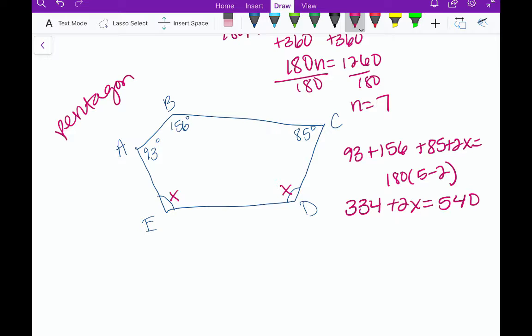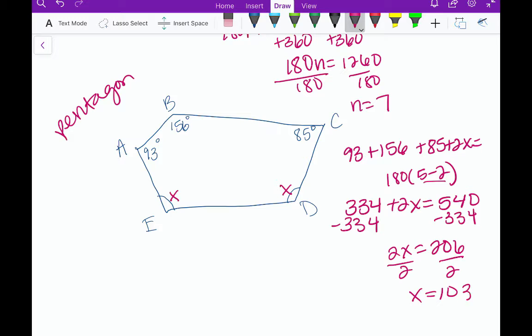The 540 is because 5 minus 2 is 3, and 3 times 180 is 540. So now I'm going to subtract 334 from both sides. So 2x equals 206. Divide by 2 on both sides. X equals 103. So both of these angles are 103 degrees.